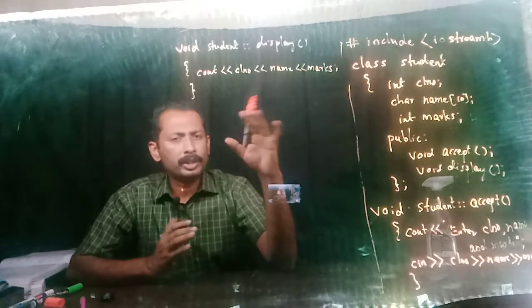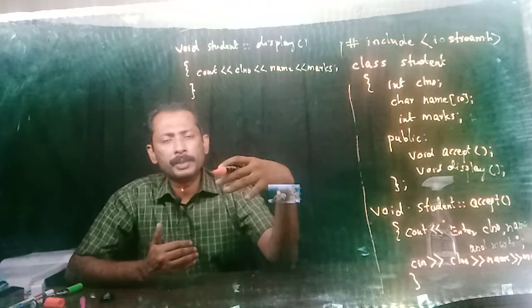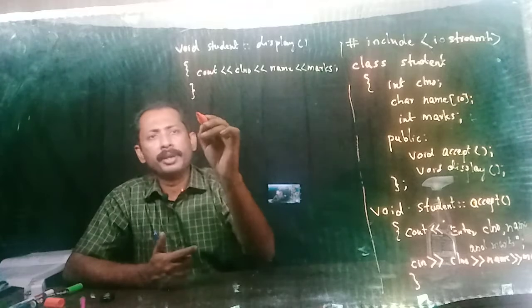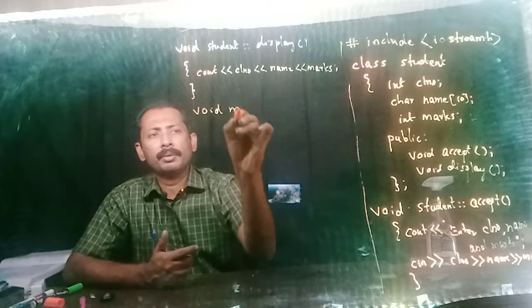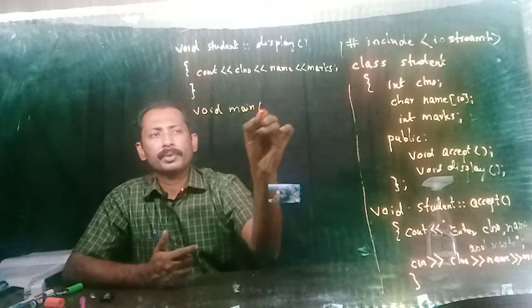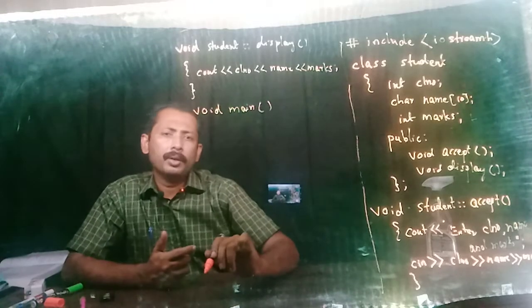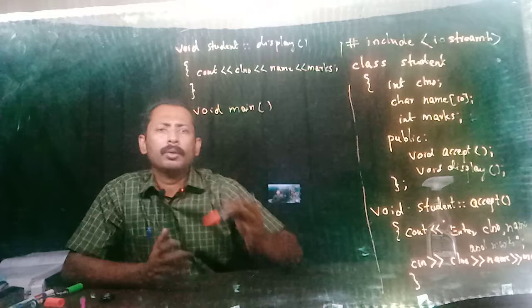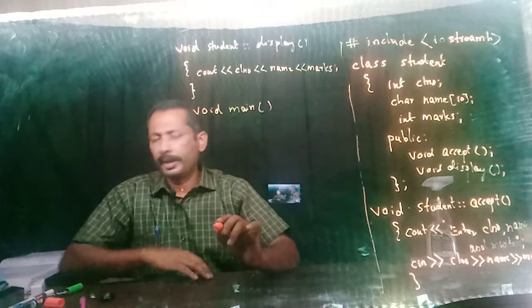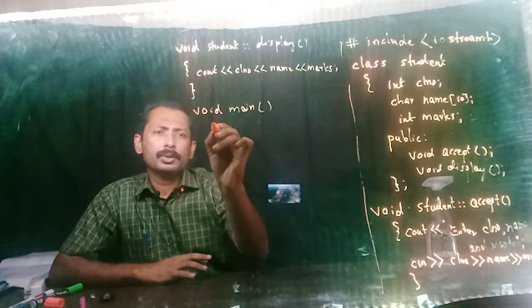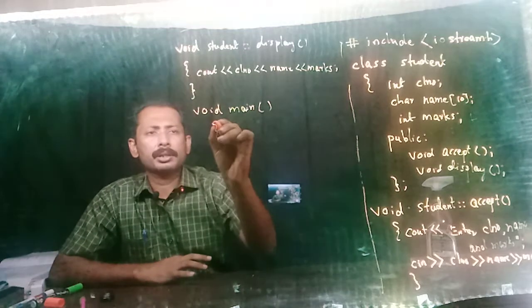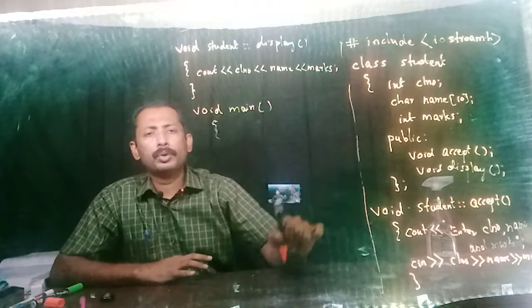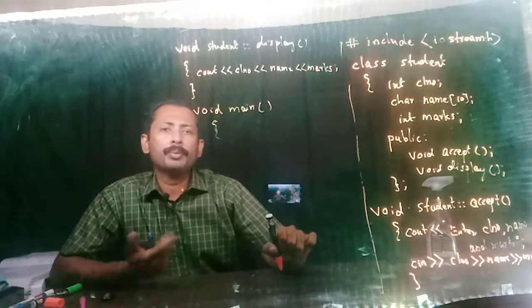The execution of the C++ program starts from the main function. So I have to define a function called main. Depending on the operating system, we can give void main or int main. I am defining it as void main. Inside this, as I told in the previous class, I have to define objects.